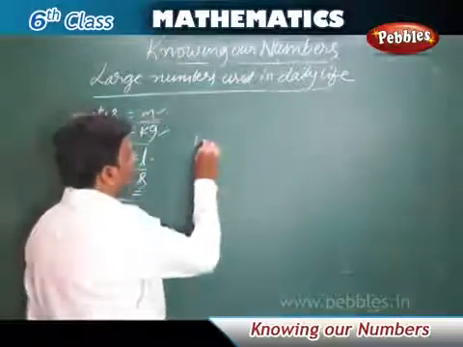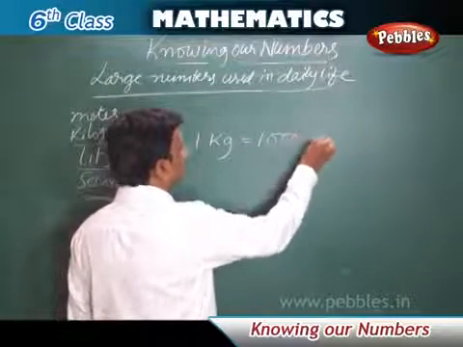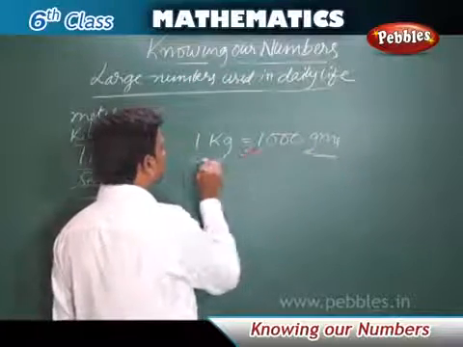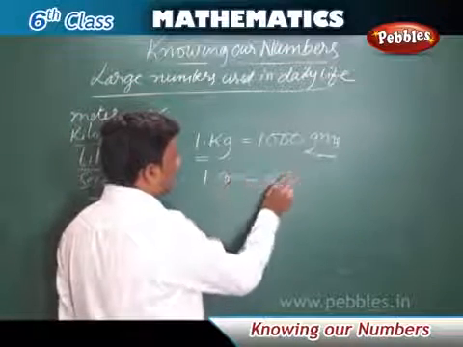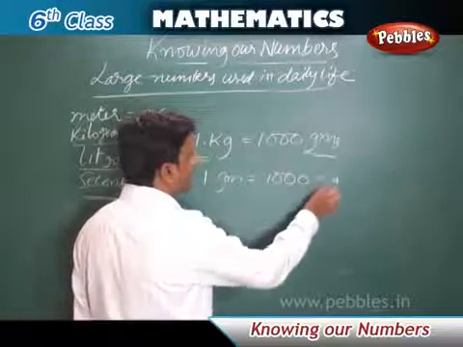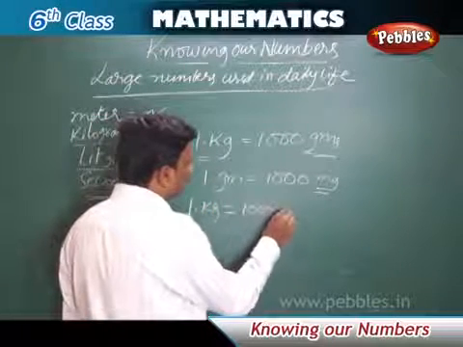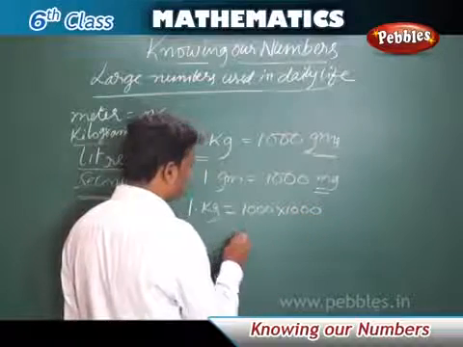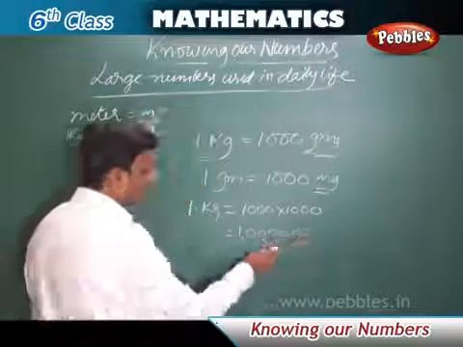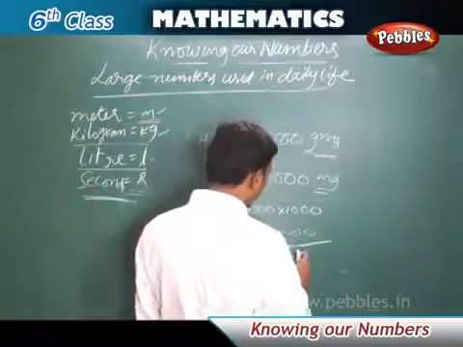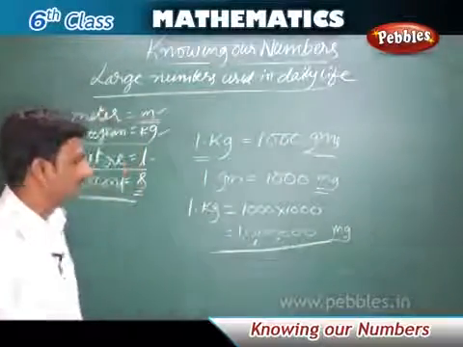And for weight, 1 kilogram is equal to 1000 grams, and 1 gram is equal to 1000 milligrams. So 1 kg is equal to 1000 into 1000, so 1 kg is equal to 10 lakh milligrams if we want to express 1 kg in milligrams.